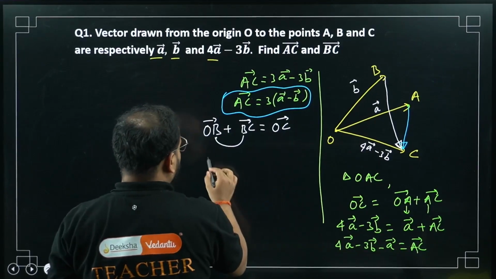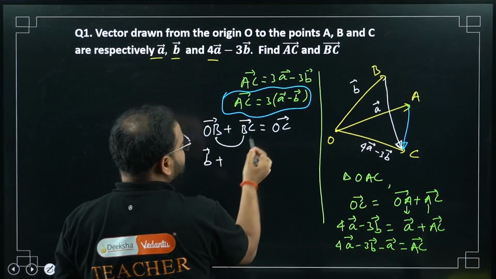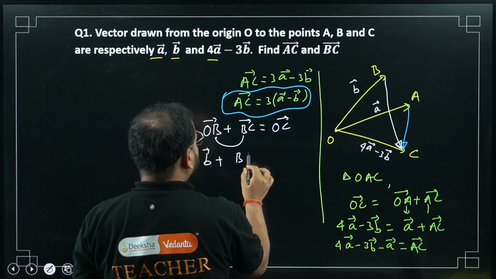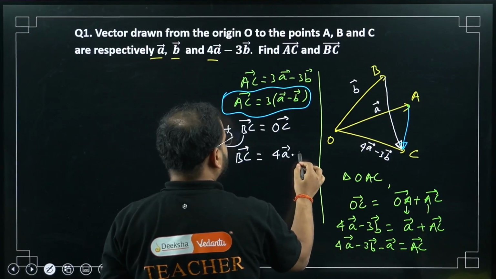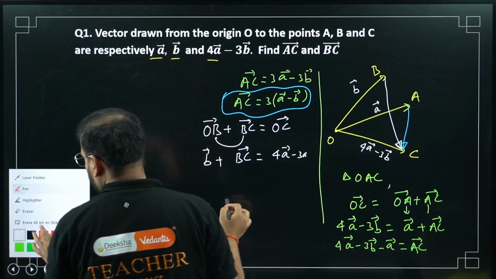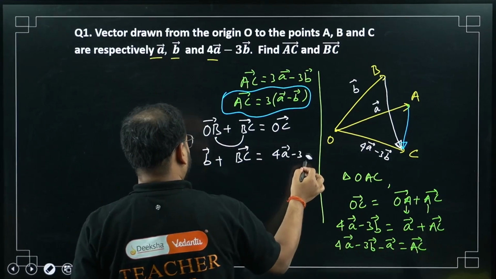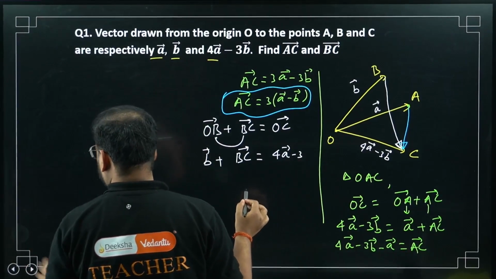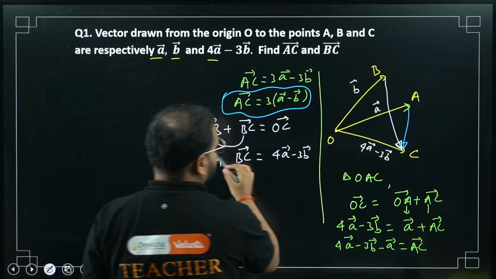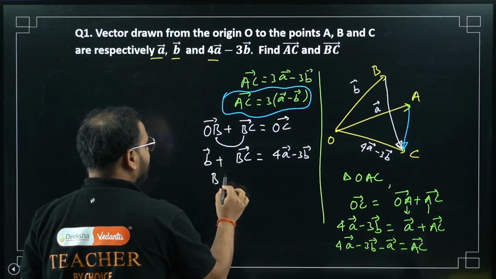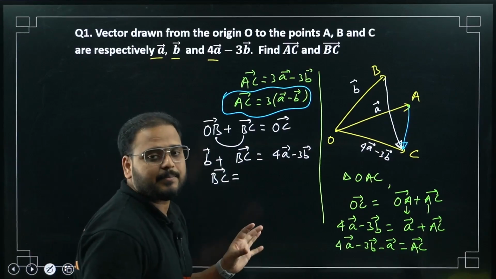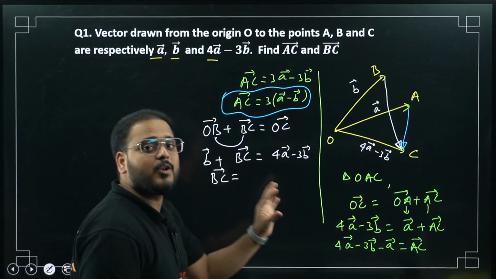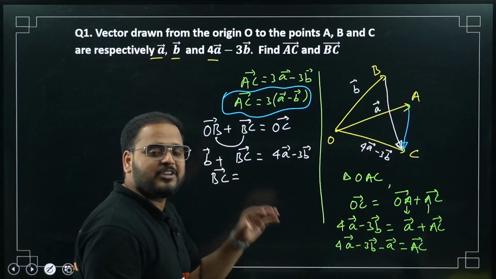What is OB? Simply B. What is BC? I don't know, that's a variable, so BC as it is. What's OC? 4A minus 3B. Bring B on that side. I'm being patient right now. I want to go slow right now, because it's very important to understand the concept, how the flow is, how the triangle looks like, how the application of triangle law of addition is.